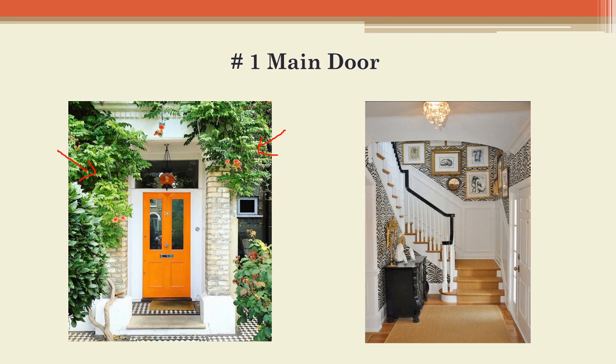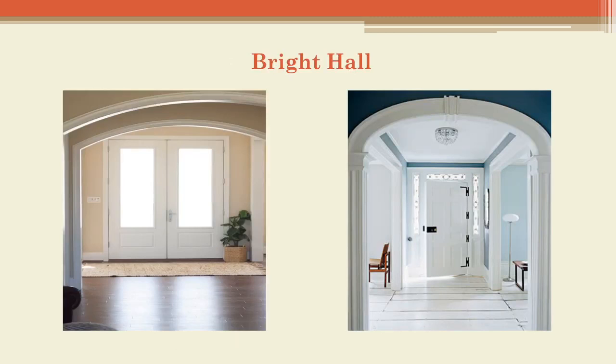Okay, so it has to have such a spacious area here. And same when you enter the door into the main entrance, there should be a space right here. Same with what you're seeing here. Okay, as you enter the door, there's a bright hall here.